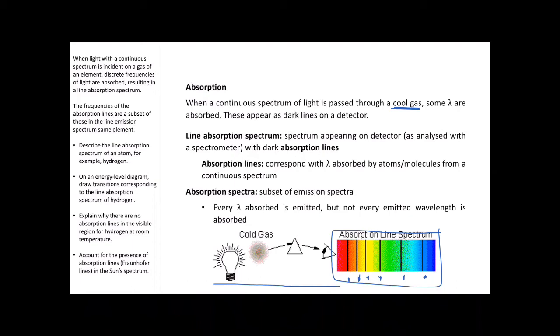The sample could be made up of numerous elements, so you'll get overlapping absorption spectra. Basically you'll have however many sets of absorption lines corresponding with each element that is present. You can also compare the absorption spectra of stars and planets with the emission spectra of elements, and this will help you determine their atmospheric composition.